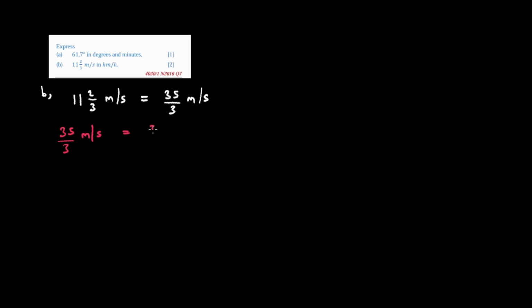This means 35 over 3 meters over 1 second. So George's mistake is here: not knowing that it is 35 over 3 meters, but per second. It means the second part should be 1.